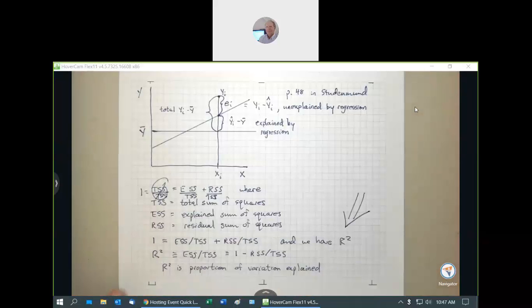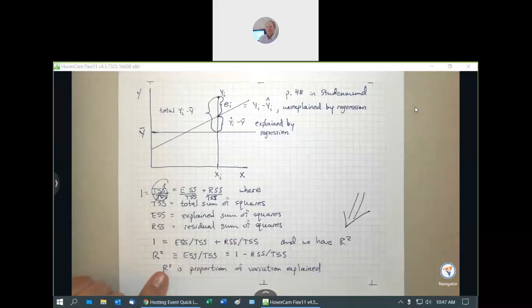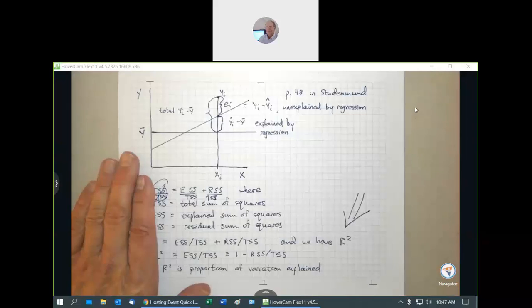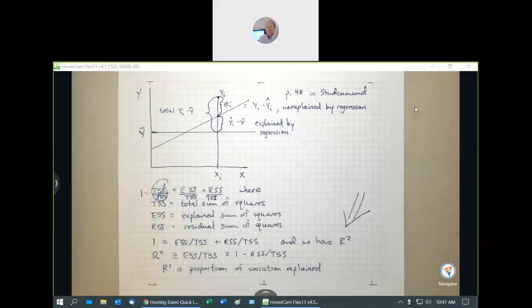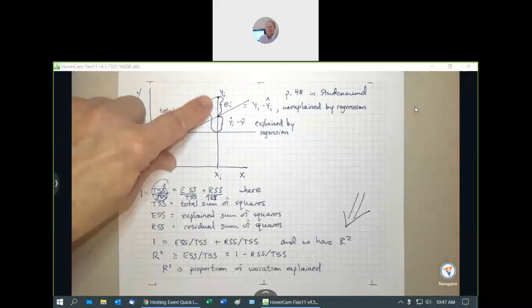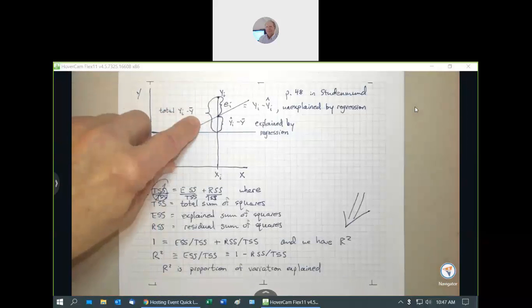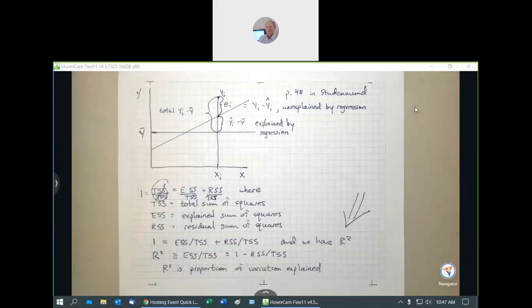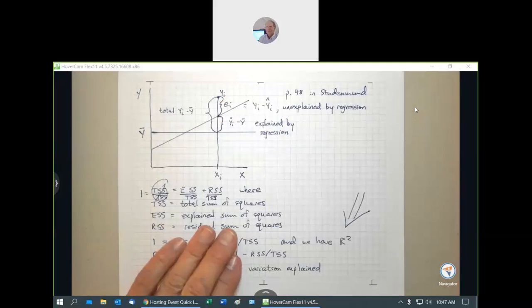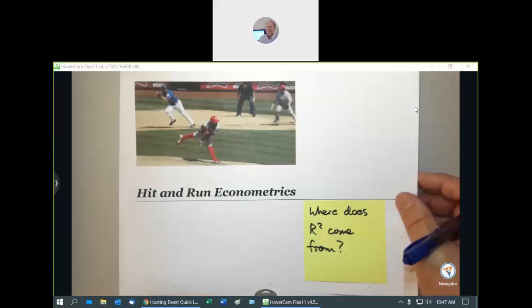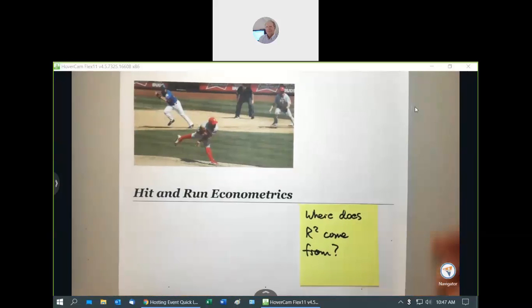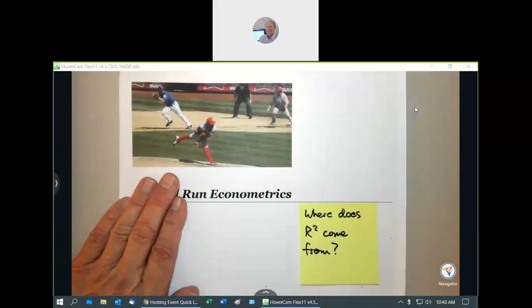And just a reminder there, R squared is the proportion of the variation explained. So what we do to get the concept of R squared is to divide up the variation into that we can explain and that we can't explain, and we just calculate the proportion of the variation explained. And that is the answer to the question, where does R squared come from?